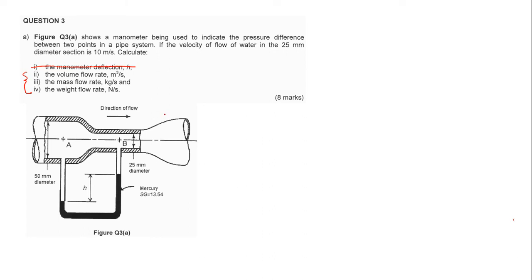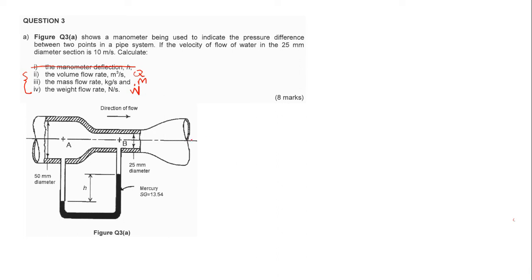If the velocity of flow of water in the 25 mm diameter section is 10 meter per second, calculate the volume flow rate Q, the mass flow rate m dot, and also the weight flow rate w dot.